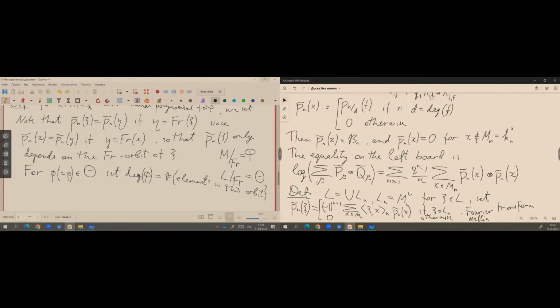Just the same as with the polynomials: the degree of a polynomial is the cardinality of the orbit of any of its roots under Frobenius.